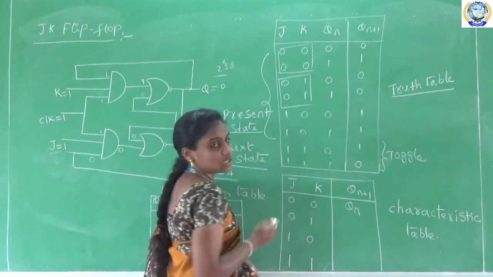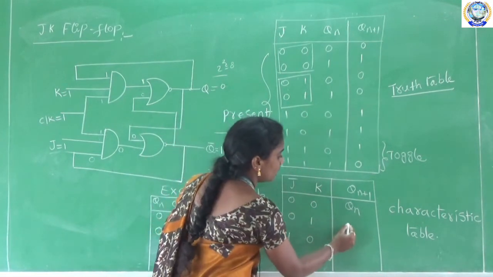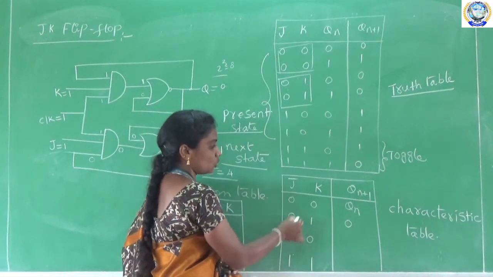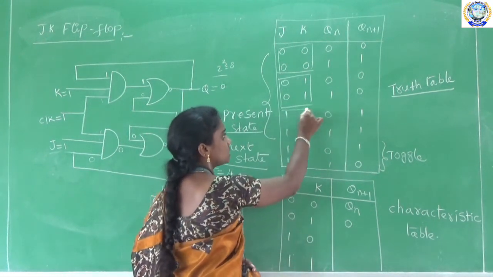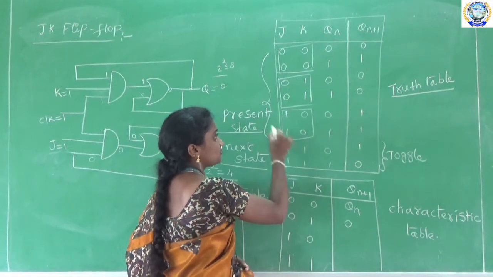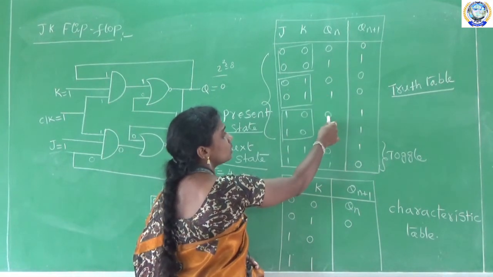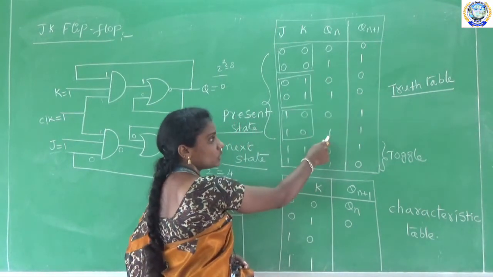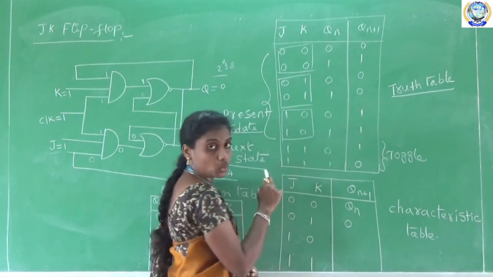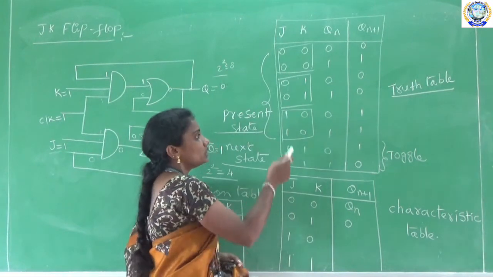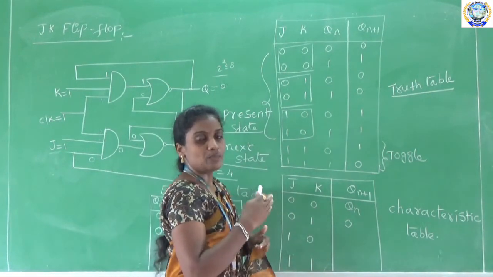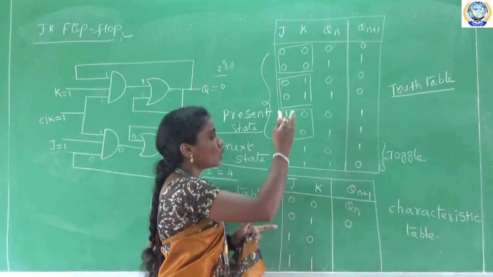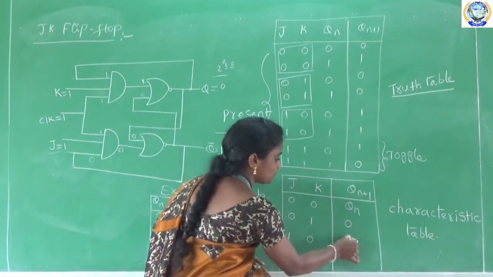So we write this one as 0. Next 1, 0. When J equal to 1, K equal to 0, if we consider this condition, when the present state equal to 0, what is the next state? It is equal to 1. When the present state equal to 1, the next state equal to 1. Even though the present state is changing from 0 to 1, there is no change in the next state, that is Qn plus 1 equal to 1.